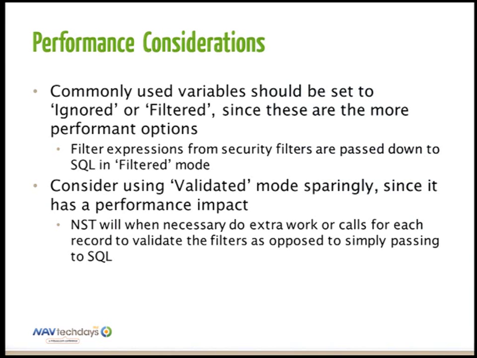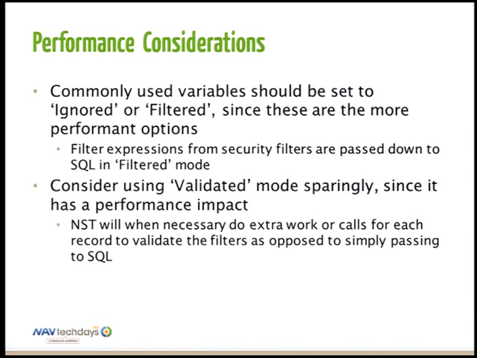Some performance considerations that you should think about. It's mostly for the validated property, because the validated mode does make us go into record by record validation in some cases in the NST. So you should always try to use the filtered, if possible. That will make the security filter be passed on to SQL, and SQL will do the filtering, so that's the fastest we can do.